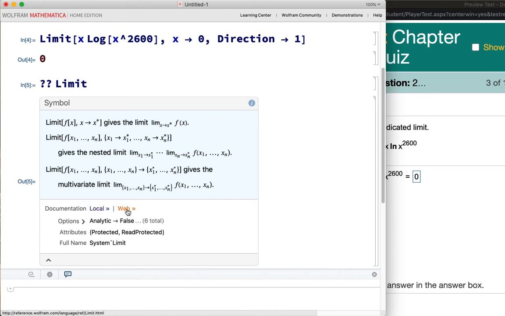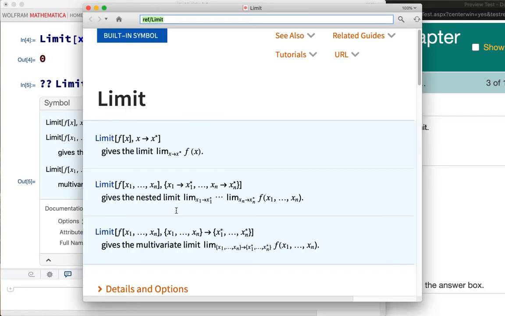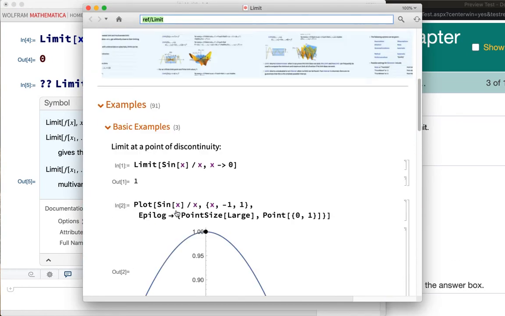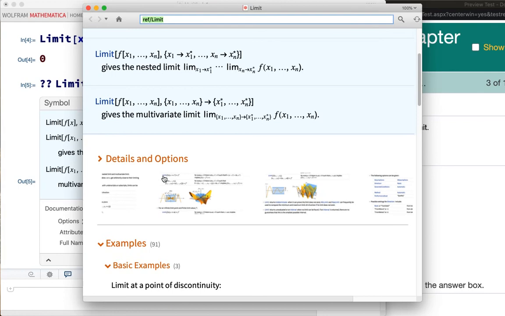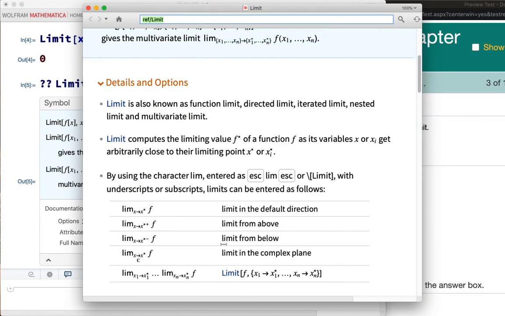If I click on Web, then I launch a browser that will take me to the online documentation that explains more about this particular function in Mathematica. Let's just click on Local. Okay. Details and options. Let's click on Details and Options.